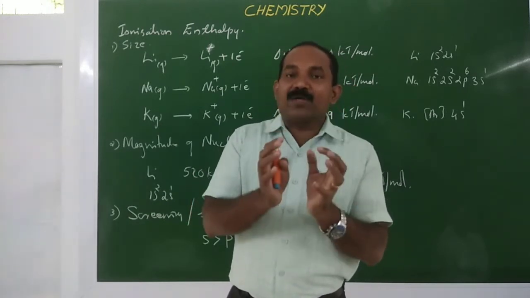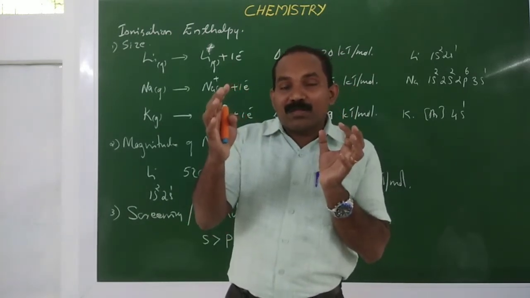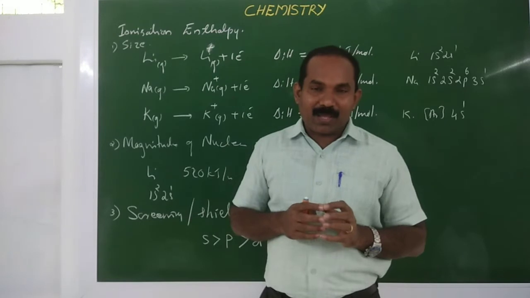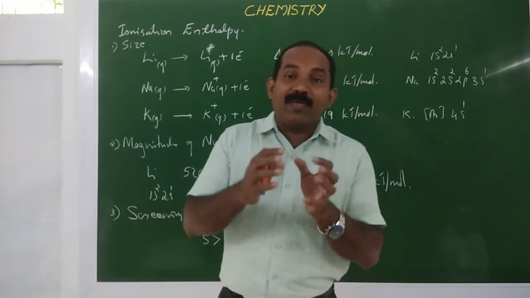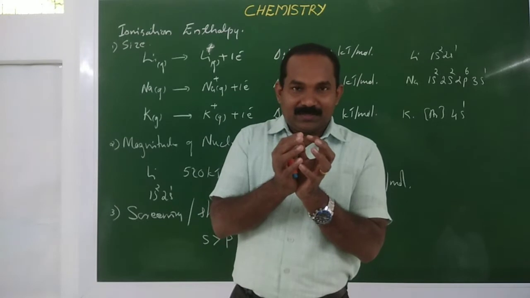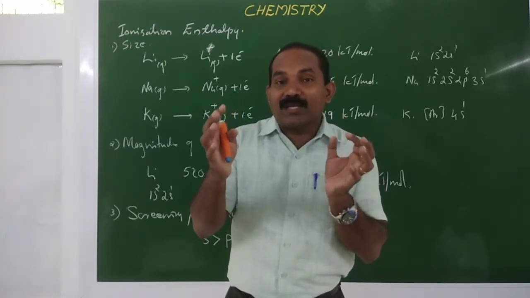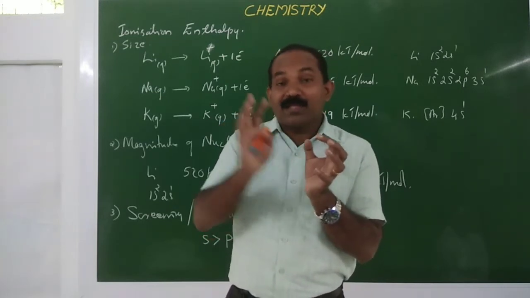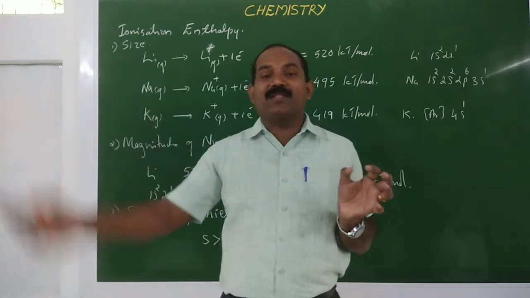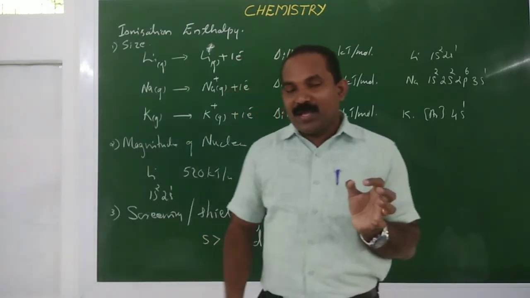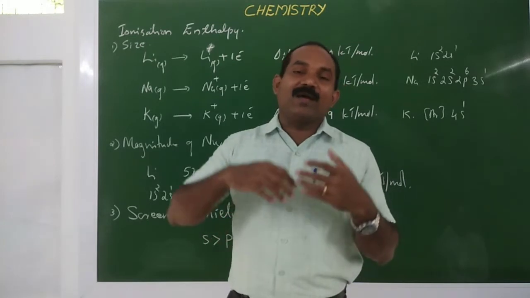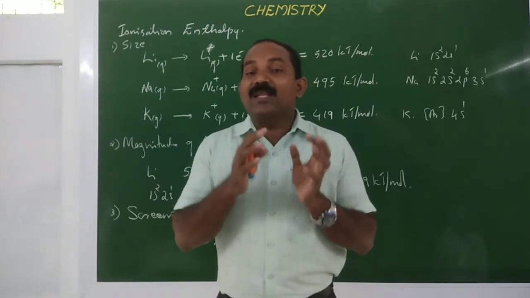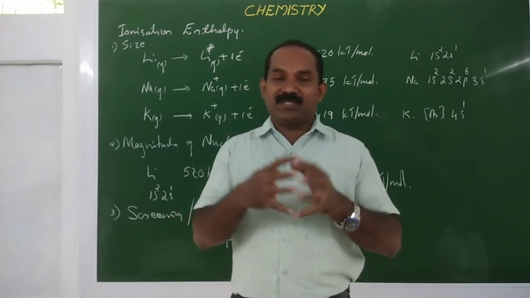In the case of S orbital, the probability of the electron being found near the nucleus is more than the P electron, than the D electron, than the F electrons. So in another sense, S electron has more penetration.